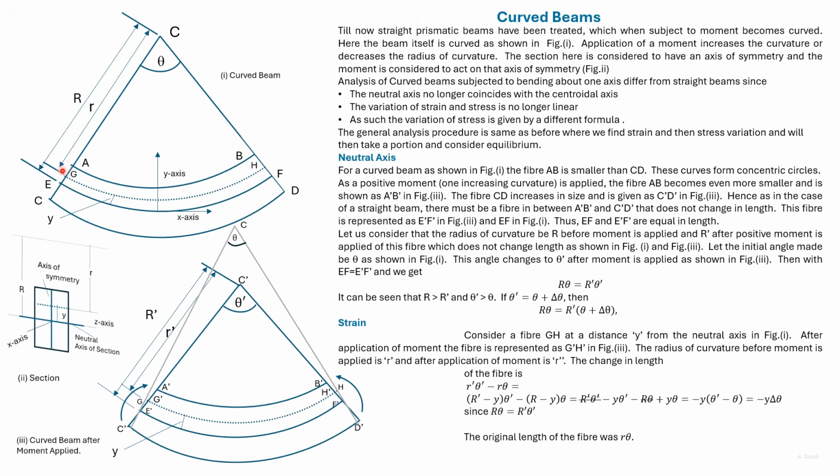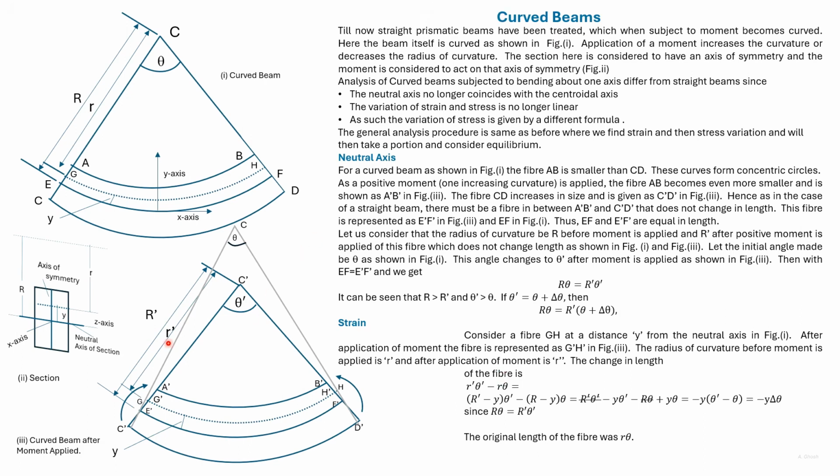Initially, the length of the fiber was small r into theta. After application of the moment, the length of the fiber has become small r dash into theta dash. So the change in length is r dash theta dash minus r theta.